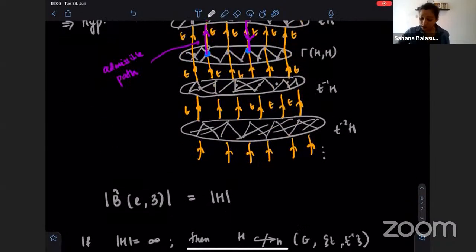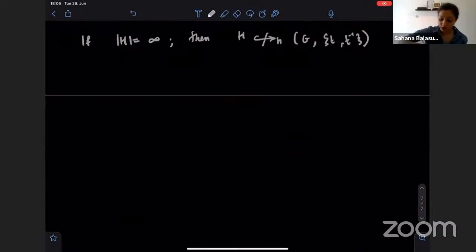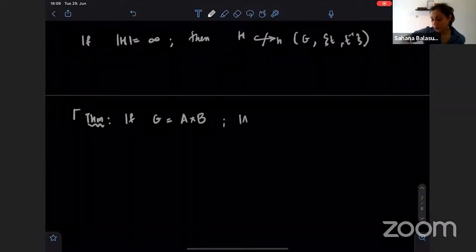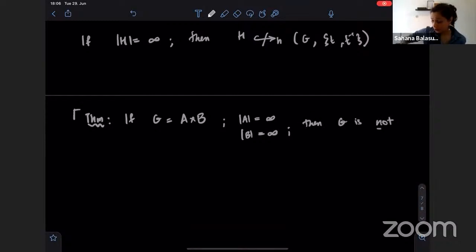And this is also why it is true, this is a theorem that I will just mention as an aside, that if you have a group that looks like a direct product of two groups, where A and B are both infinite, then actually G is not acylindrically hyperbolic.